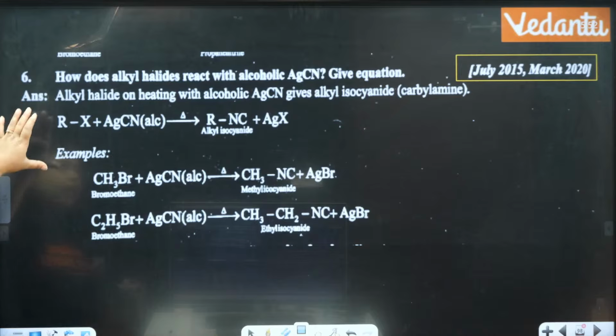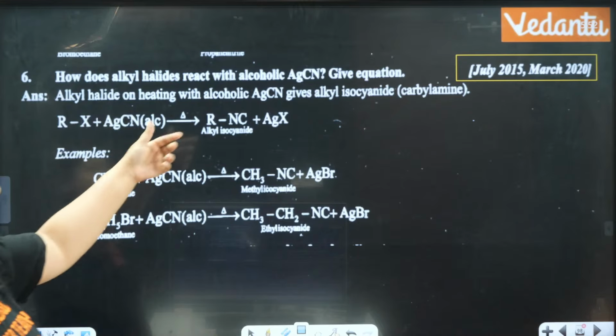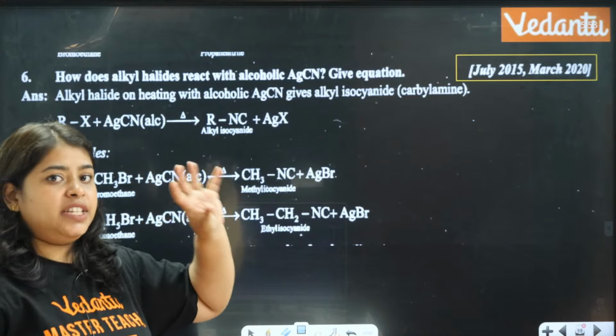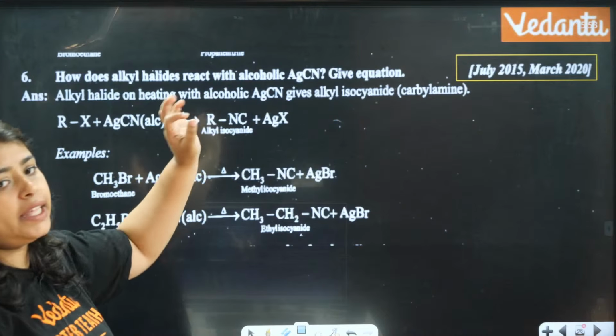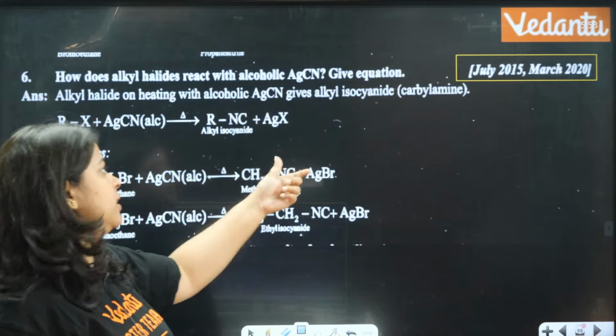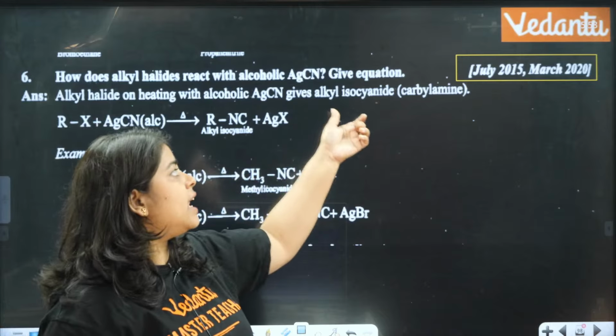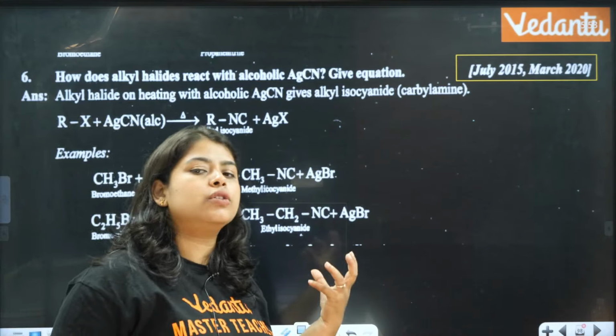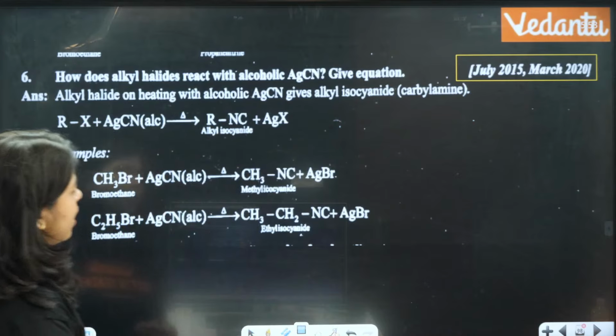Okay, alkyl halide on heating with alcoholic AgCN. Alkyl halide RX reacts with alcoholic AgCN. What does it give? It will give alkyl isocyanide.